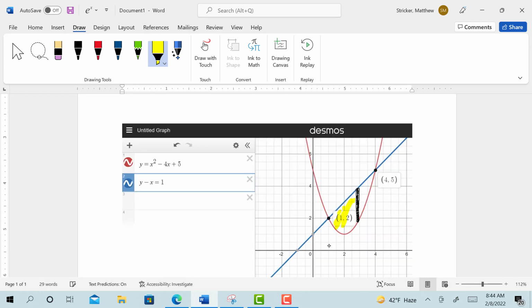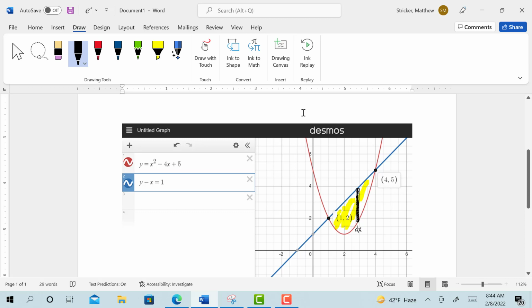Again, here's my region, and I have my vertical rectangle there. If it's a vertical one, our integral is going to be with respect to x, because the thickness is in the x direction. That's the main thing.